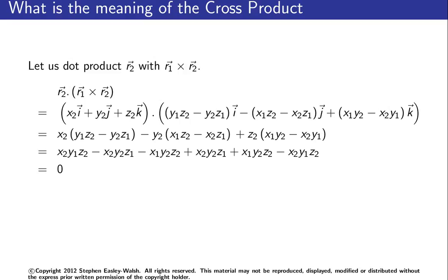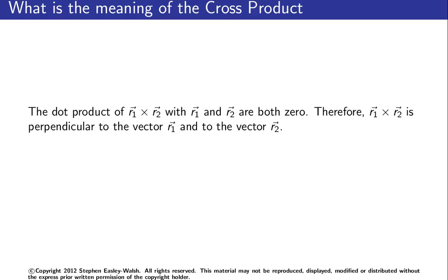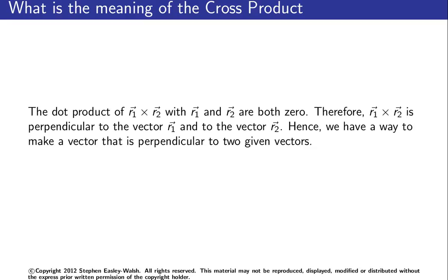So the conclusion is that the dot product of R1 cross R2 with R1 and with R2 are both 0. Therefore, R1 cross R2 is perpendicular to R1 and to R2. Hence, we have found a way to make a vector that is perpendicular to two given vectors. In other words, if I give you two vectors, you can cross them together and give me back a vector which is perpendicular to both.